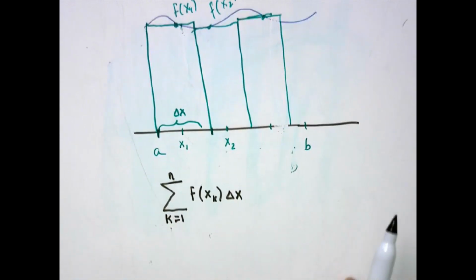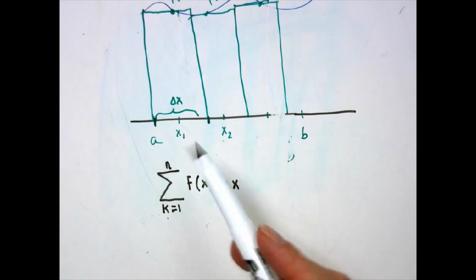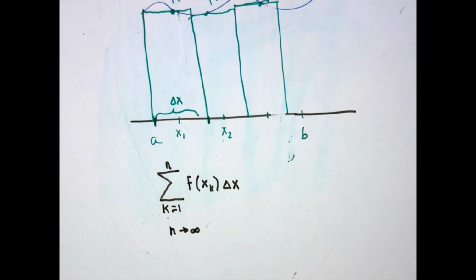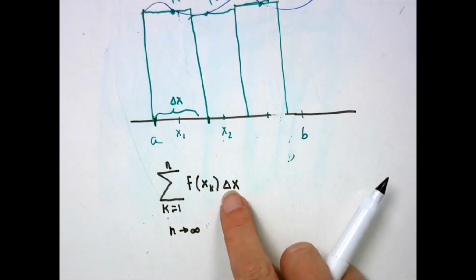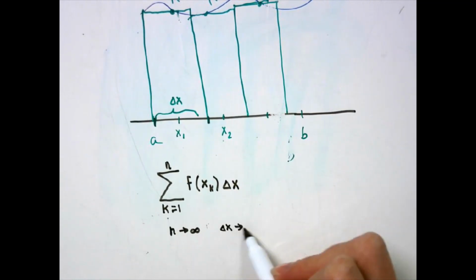Let's think about this. What I want to have happen is really two things. One, I want n to get as big as possible. Going with that, I want delta x to be as small as possible.